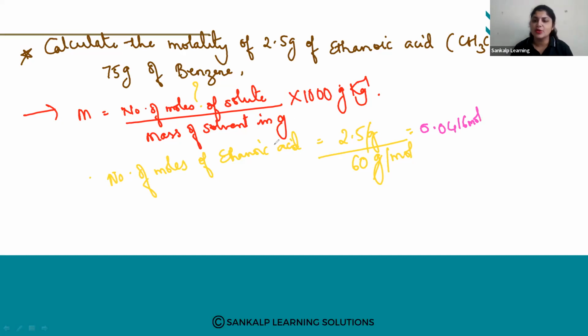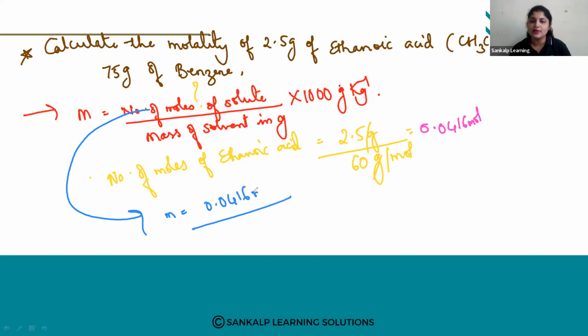So 0.0416 mole is the number of moles of solute, that is for ethanoic acid. Now you have to take this formula. m is equal to the number of moles of solute, 0.0416 mole, divided by the mass of solvent, 75 grams of benzene, into 1000 per kg.